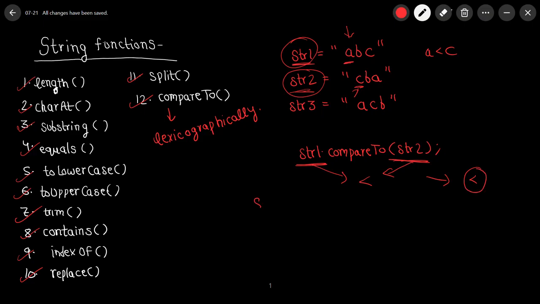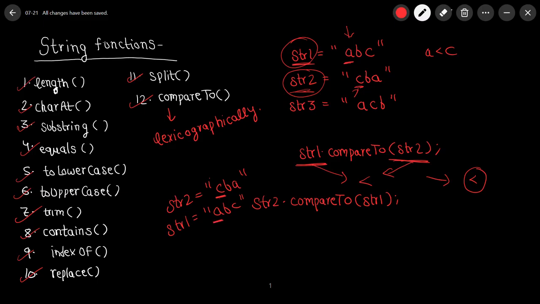Had it been the opposite case, suppose I did str2.compareTo(str1), where str2 was CBA and str1 was ABC. Now you would see the first character here is C, here is A. So str2's first character, C, is greater than str1's first character, A. In this case, string 2 becomes greater than string 1, so we get a positive result.